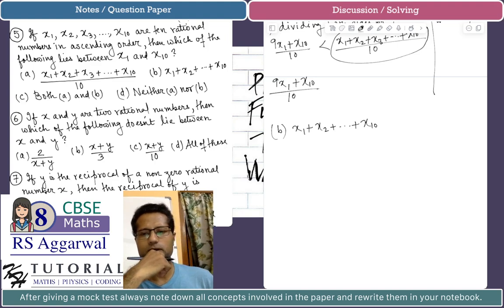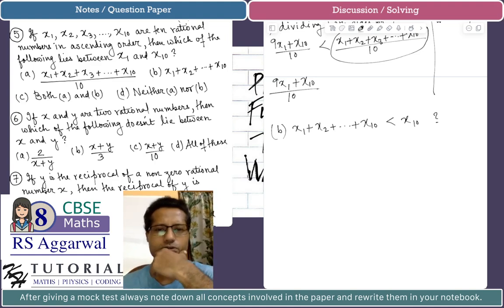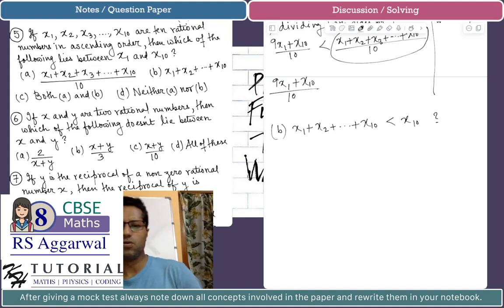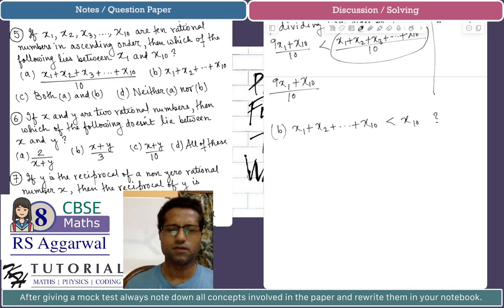Will x1 plus x2 plus up to x10 be less than x10? This is the question, because it is saying which of the choices will lie between x1 and x10. That means it should be greater than x1 and less than x10. If this is so, it depends, we do not know the nature of these 10 rational numbers, whether they are positive or negative.